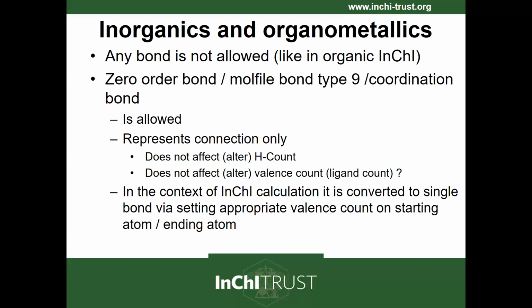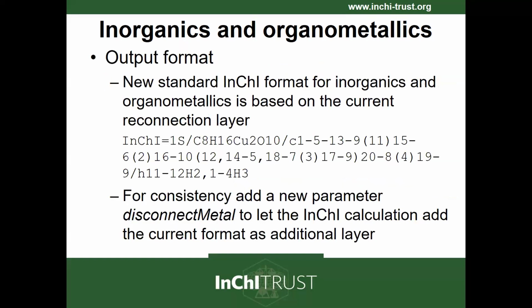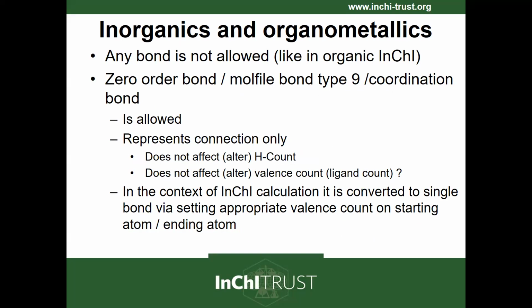Because they do not change the H count and therefore do not affect the valence on each of the atoms that are handled. But the issue over here, and that will be quite interesting, is that those new bond types are not understood by the canonization. Now we have to find a way to present those compounds so that the canonization is able to understand them. And that means we need the bond exchange, and that comes back to what I mentioned before.